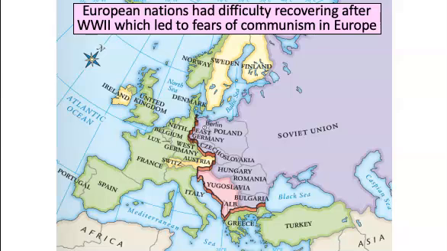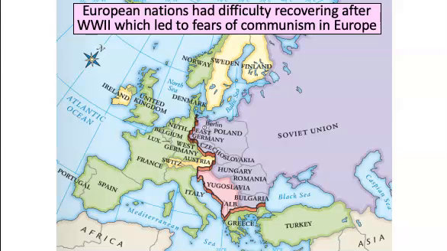In addition to this, European nations in Western Europe, that's this region right over here, were also having difficulty recovering economically after World War II. And this led to a lot of fears of communism spreading. Many countries, especially France, had major union uprisings and large strikes, and there were large communist elements in places like Italy, France, and Spain at this particular time.